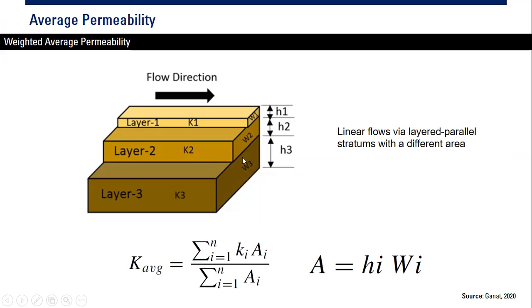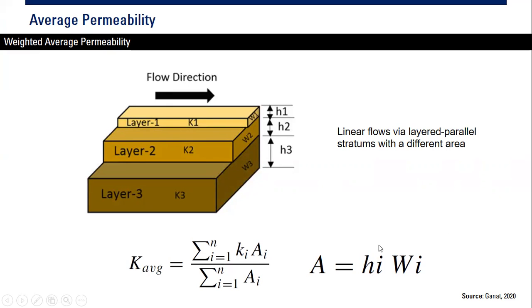You can average the permeability by weighting on the area instead of the thickness. So you see K1 A1 plus K2 A2 plus K3 A3, all divided by the total area, A1 plus A2 plus A3.